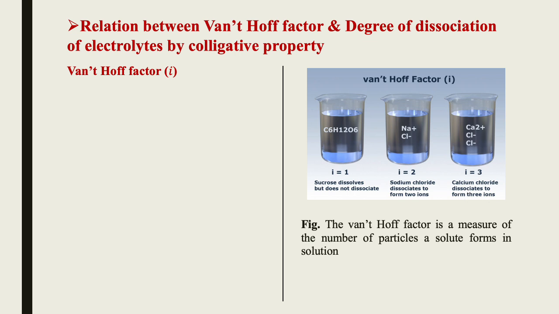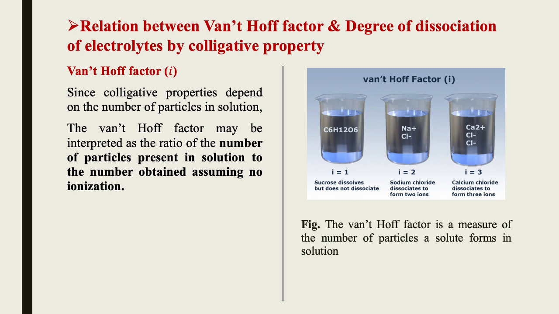This is the Van't Hoff factor. Since the colligative property depends on the number of particles in the solution, the Van't Hoff factor may be interpreted as the ratio of the number of particles present in the solution to the number obtained assuming no ionization.